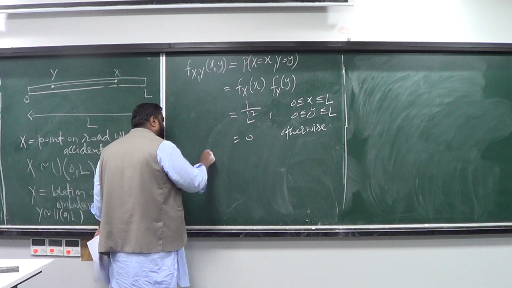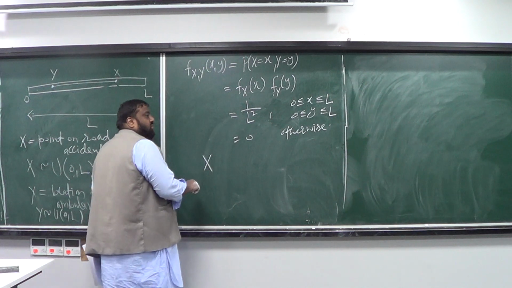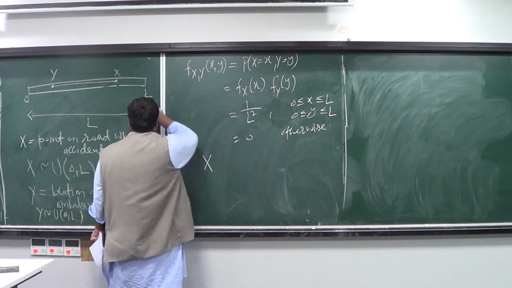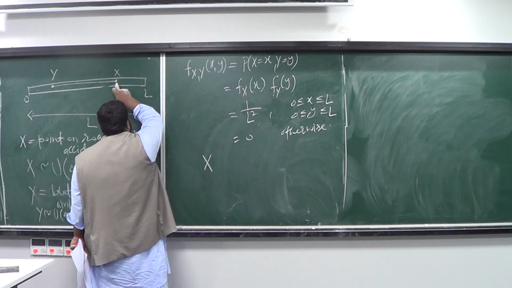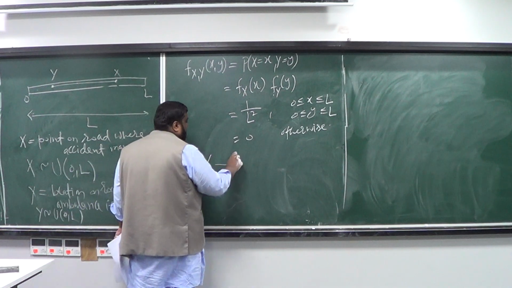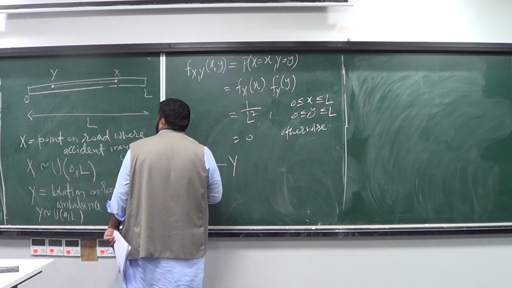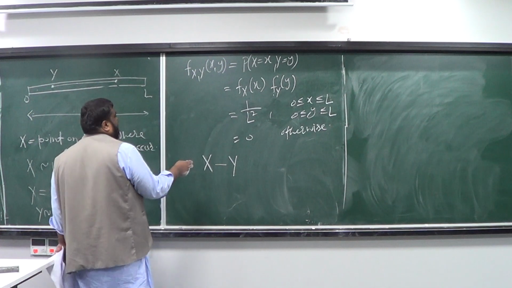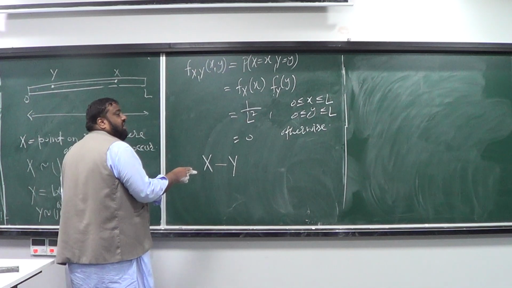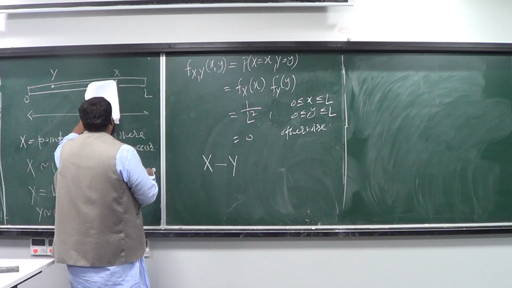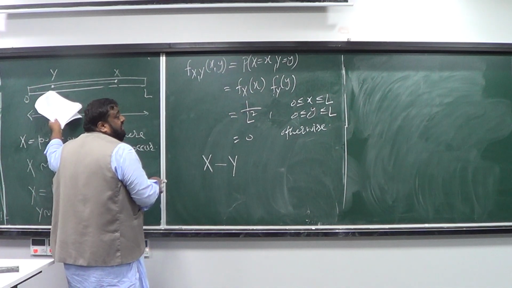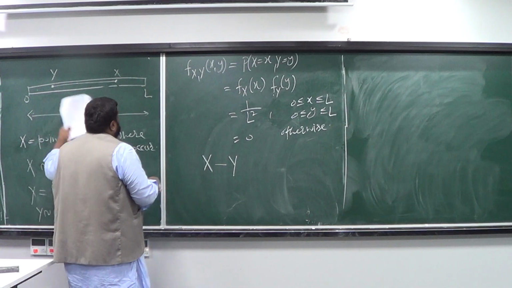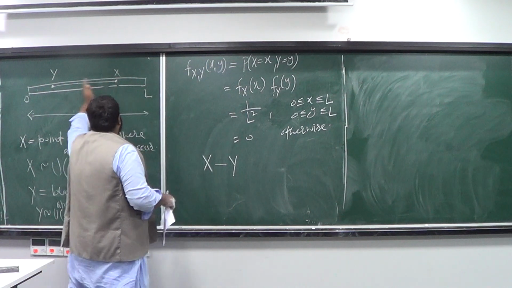So say the accident has occurred at a location x, and the ambulance is at y. So x minus y is the distance between x, the location where the accident occurs, and the location where the ambulance is. But it's not necessary that x should be here and y should be here.